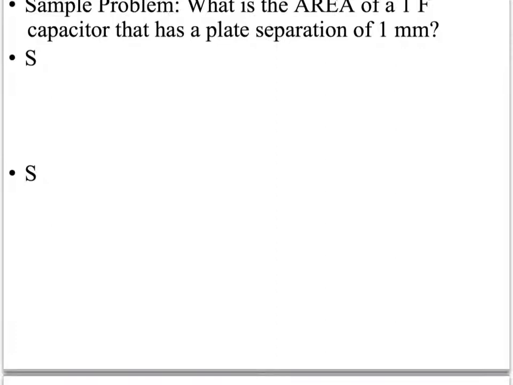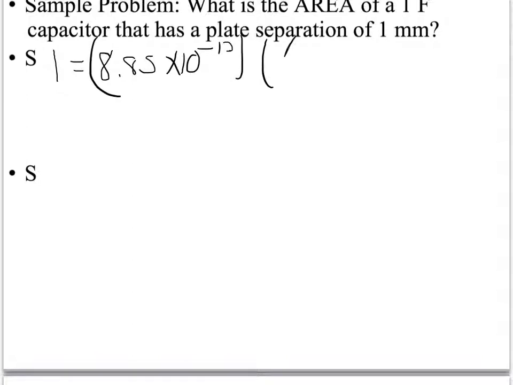Our next step is to substitute our numbers into our equation. That gives us 1 equals 8.85 times 10 to the negative 12th times the area divided by 0.001.